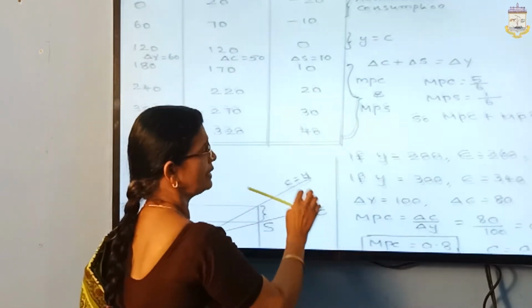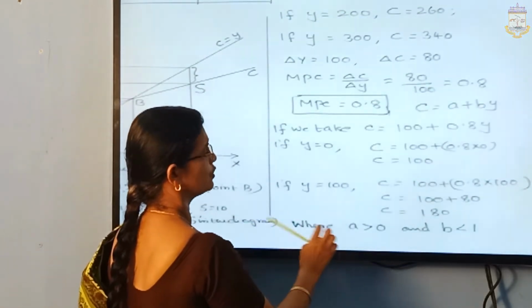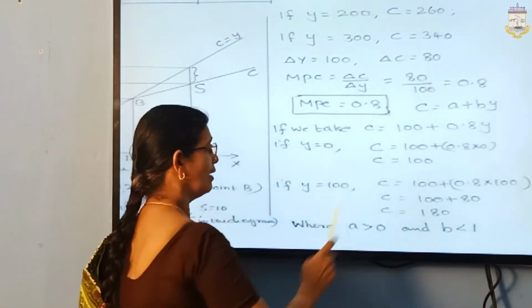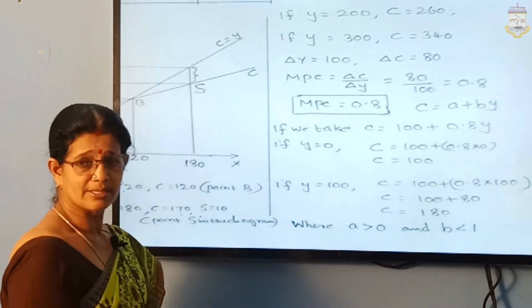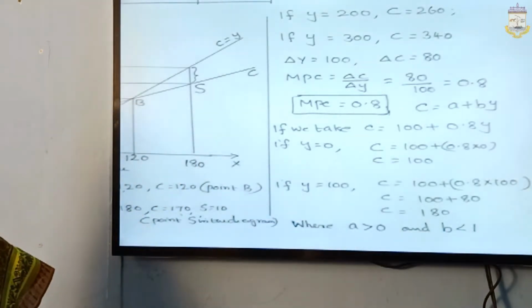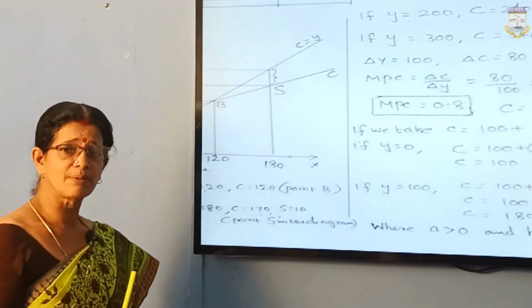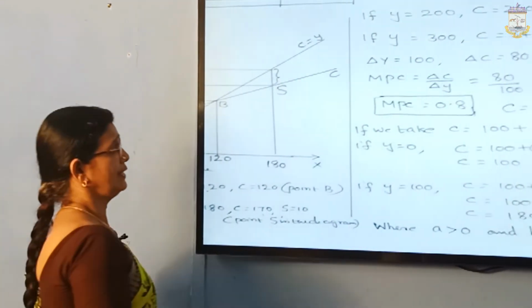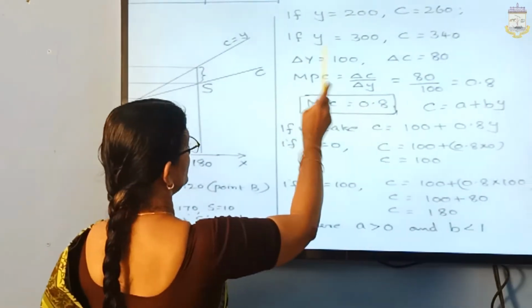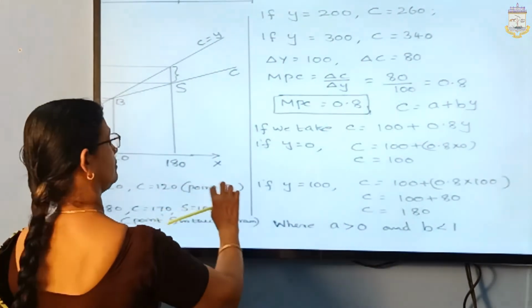So MPC, or marginal propensity to consume, is less than 1, and autonomous consumption is always greater than 0, or there is consumption even when income equals 0. That is the gist of this table.